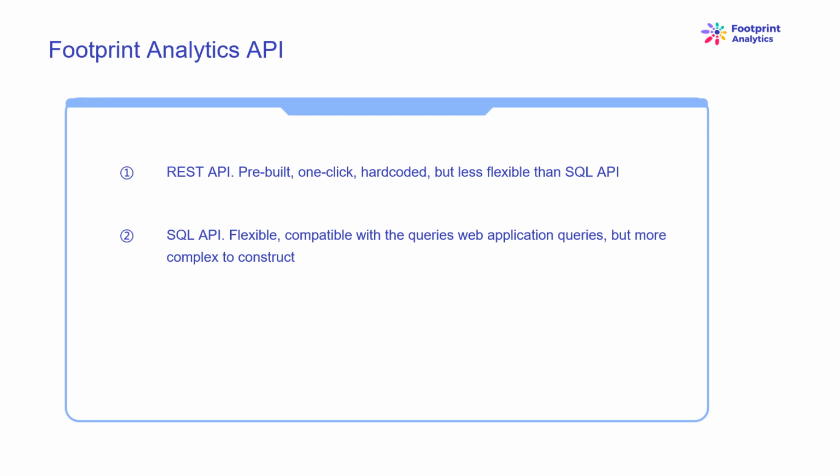REST API: pre-built, one-click, hard-coded, but less flexible than SQL API. SQL API: flexible, compatible with the web application's queries, but more complex to construct. Sync: for simple, fast-executing queries. Async: for more complex queries requiring more time to be executed.